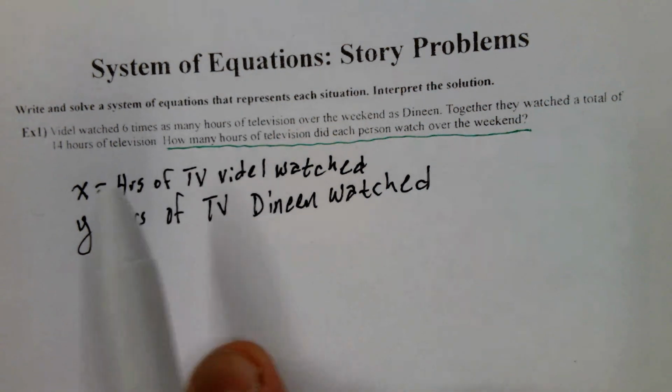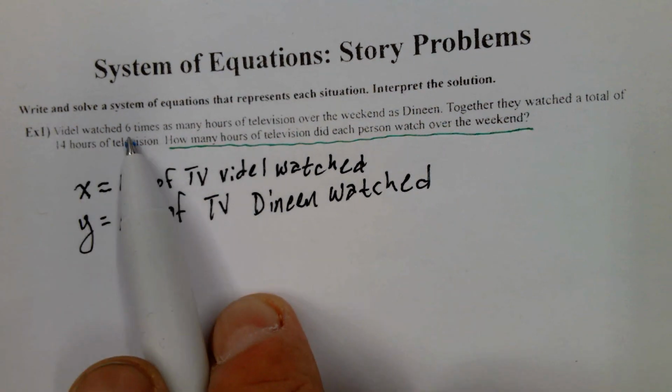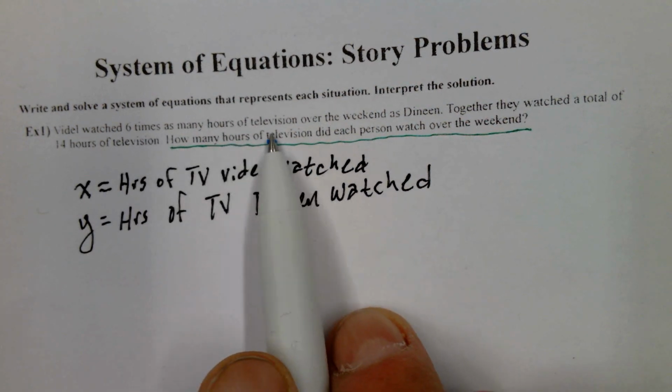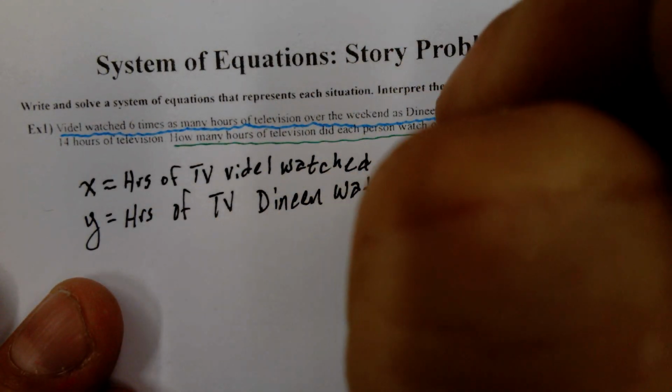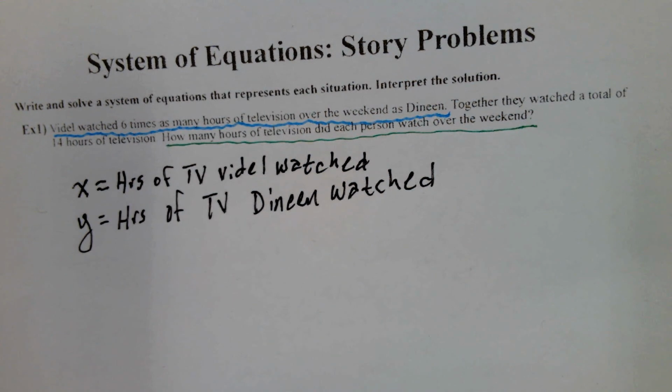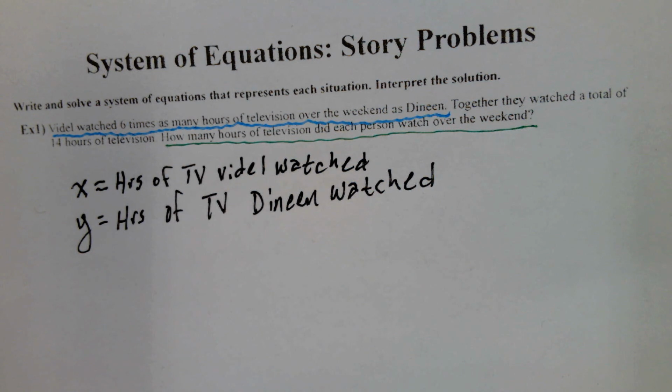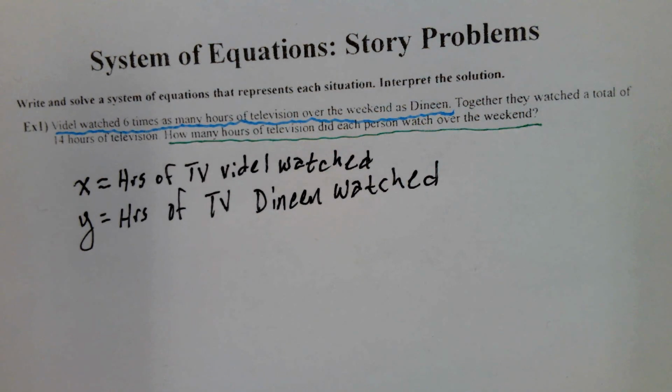Okay. So let's see. It says Vidal watched 6 times as many hours of television over the weekend as Denis. And that's definitely going to tell us an equation. So who watched more TV in that situation? Vidal. He watched 6 times as much as Denis. So when I read that, that tells me I can make up an equation using Vidal and Denis, X and Y. Okay, here we go.